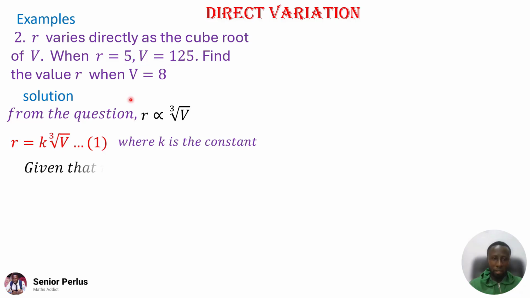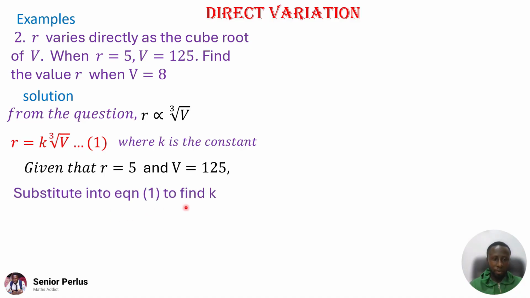K is the constant, so given this in the question, we just substitute to find K. In variation, you first solve for K, the constant, to find the actual equation.